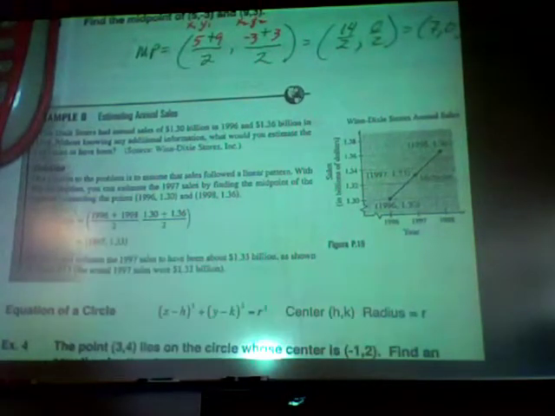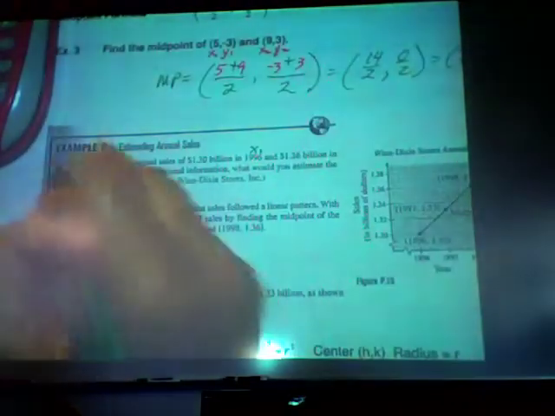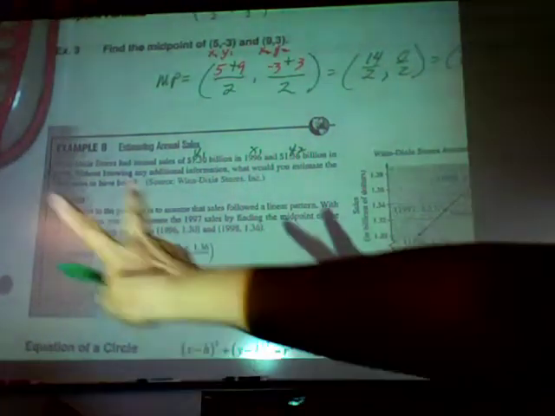And so all they've done is they have assigned in here, and they've gone through the work, that this is the X sub 1, and so then this would be, where's the other one? X sub 2 over here. And then this is Y sub 1, and then this is Y sub 2. So they use those as their ordered pairs, so they put them right down here, and then use the midpoint formula. So there's a use for it.